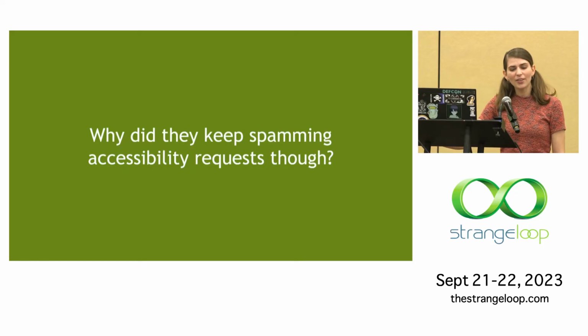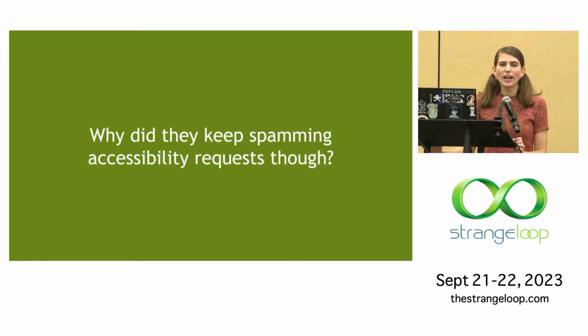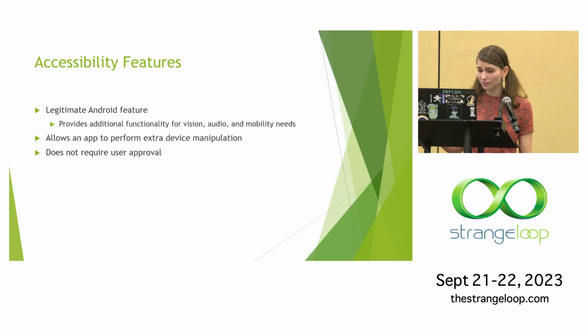But what I want to know now is why this application kept spamming these accessibility requests. It really wanted us to enable accessibility services. Now, what are these accessibility services? They are definitely a legitimate feature for people who have special needs, for performing additional functionality, for vision, audio, and mobility needs.